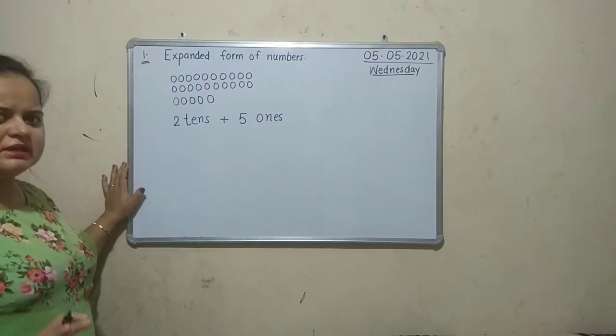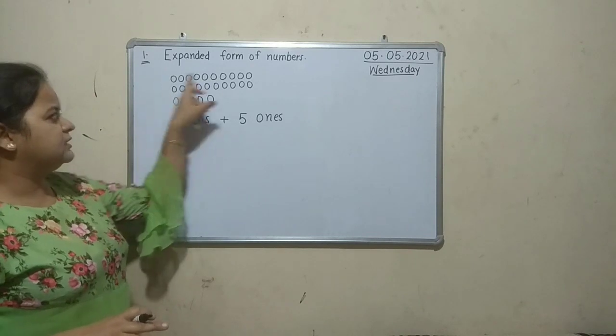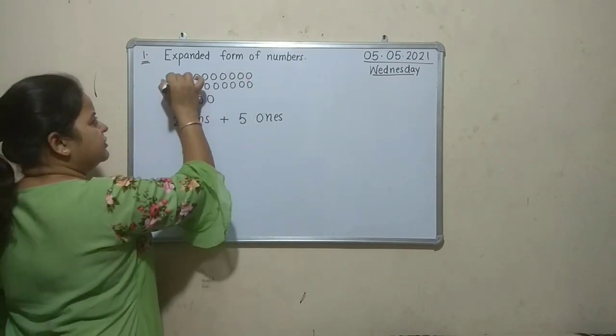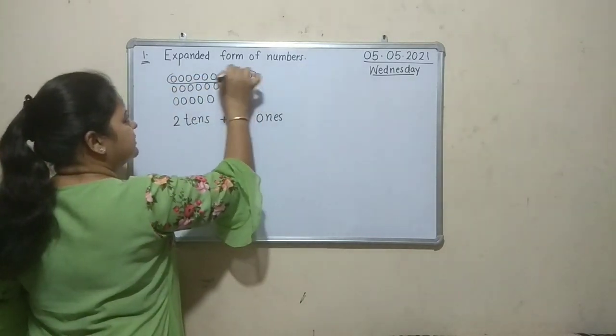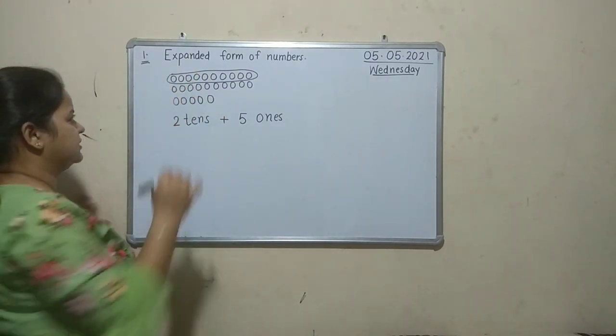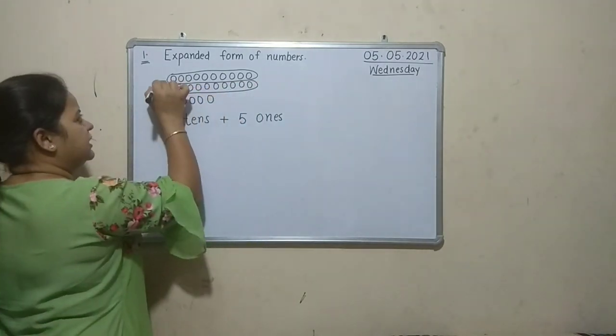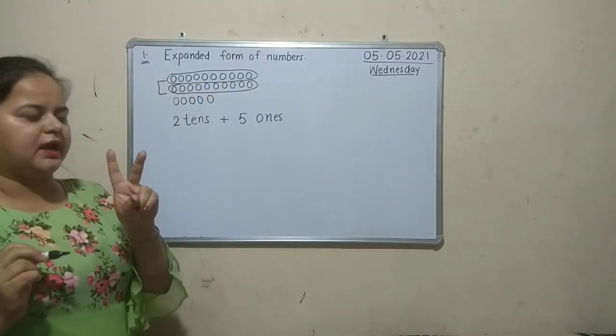Okay, have you all understood? This is a bunch of 10 circles, so this is called 1 ten. This is again 1 ten. So here we have 2 tens.